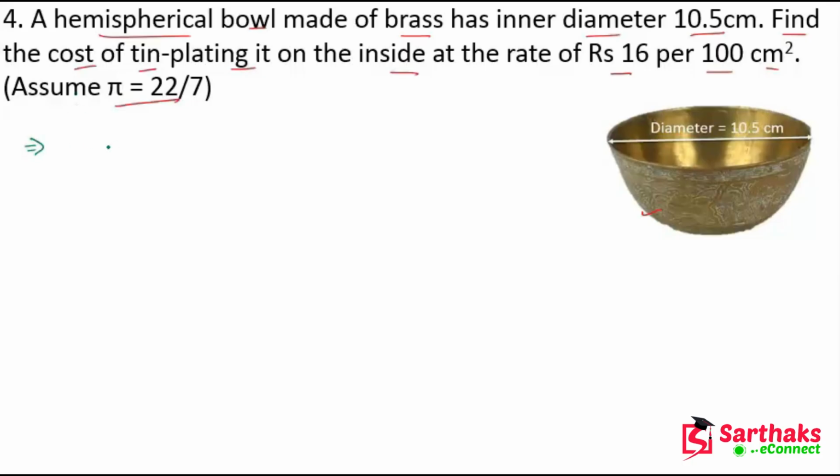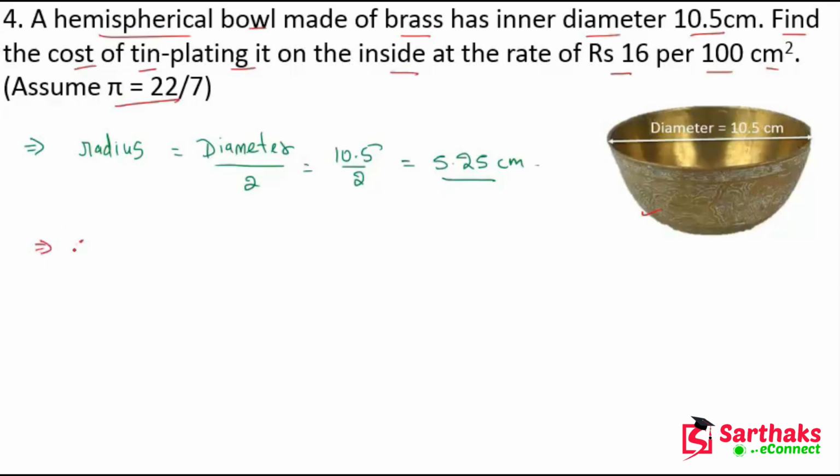Okay. So now we know that radius is equals to diameter upon 2. And the diameter is 10.5, and if we divide it by 2, here we get 5.25 centimeter. So the radius is 5.25 centimeter.